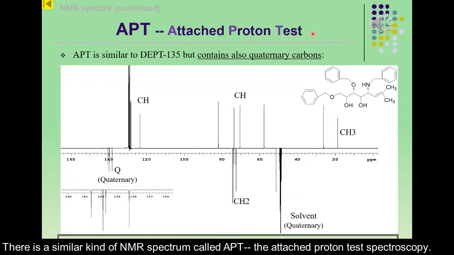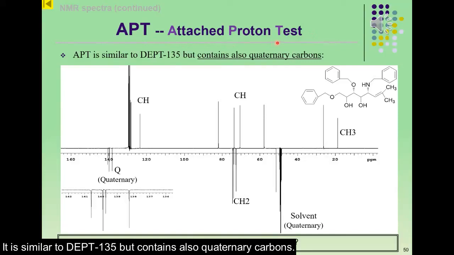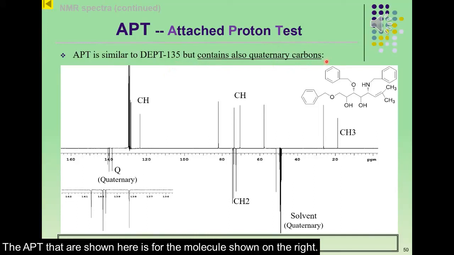There is a similar kind of NMR spectrum called APT, the Attached Proton Test spectroscopy. It is similar to DEPT 135, but contains also quaternary carbons. The APT that shows here is for the molecule shown on the right.